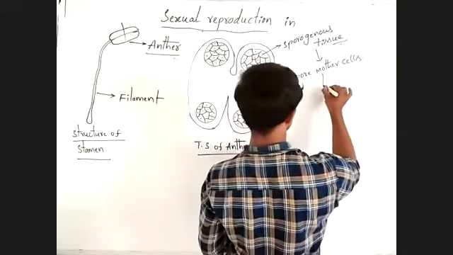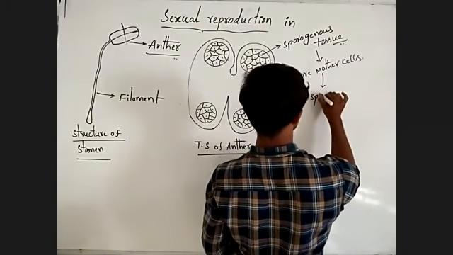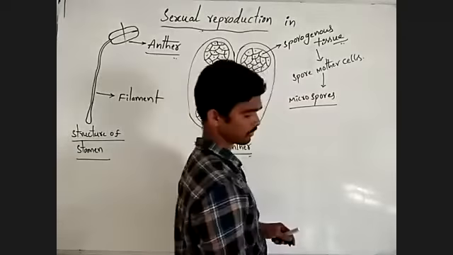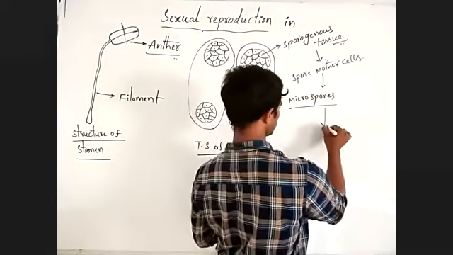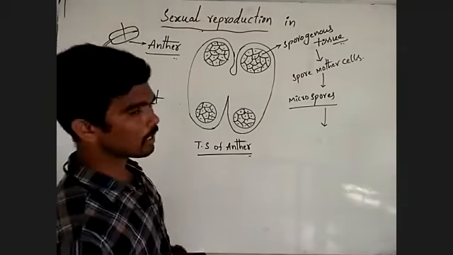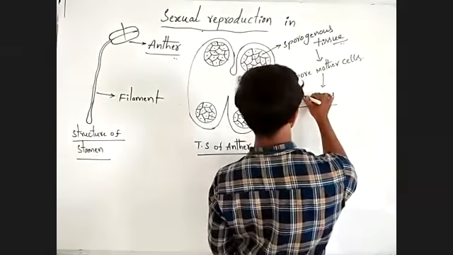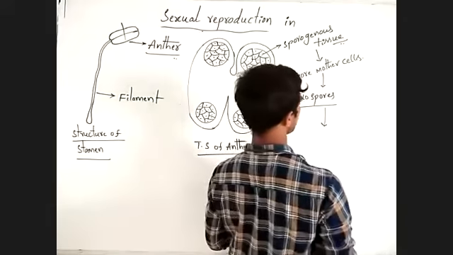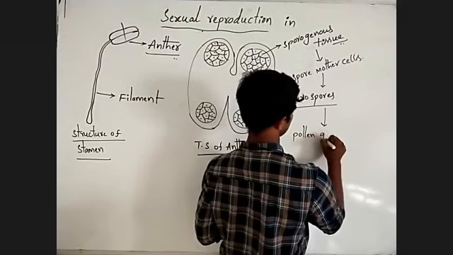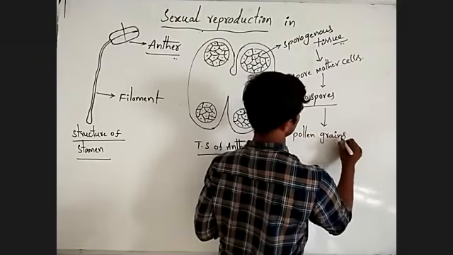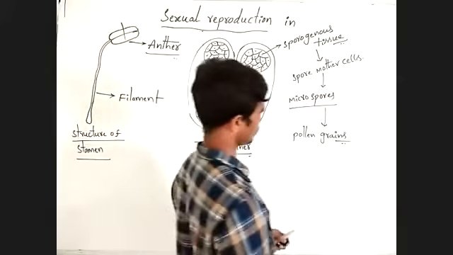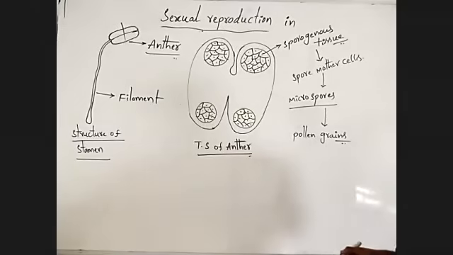From the spore mother cell, spores are developed. Microspores are developed as pollen grains. Are you understanding?